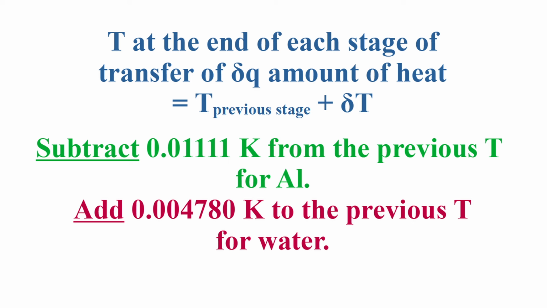They happen to be negative 0.01111 Kelvin and positive 0.004780 Kelvin respectively. To calculate the temperature at any given stage i, we algebraically add the delta T value to that at the i minus first stage, that is the previous stage.